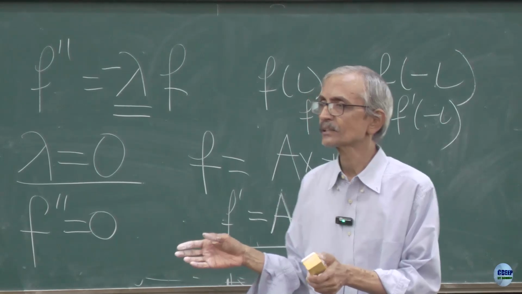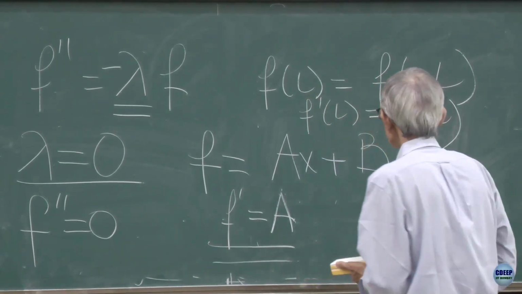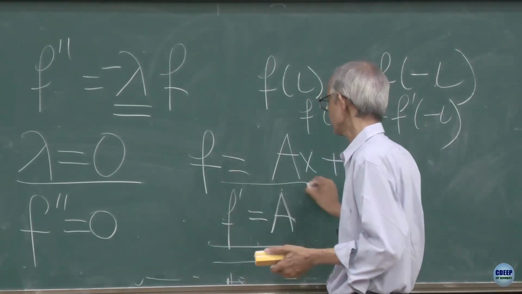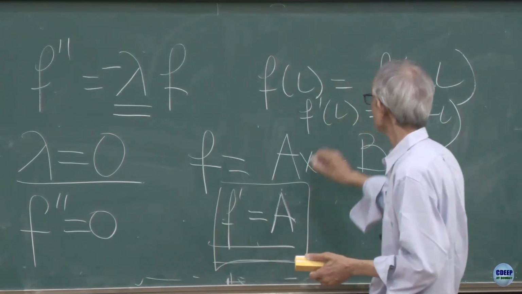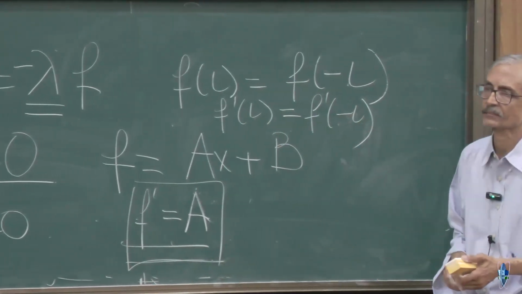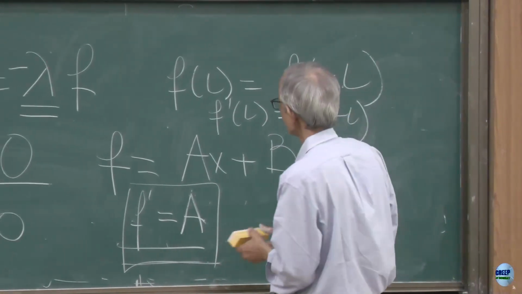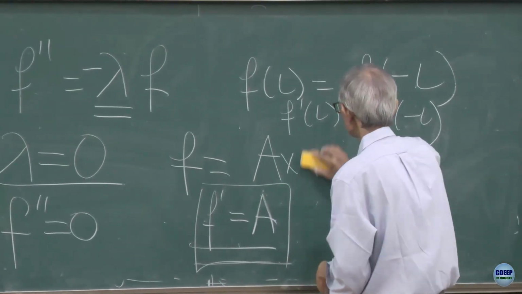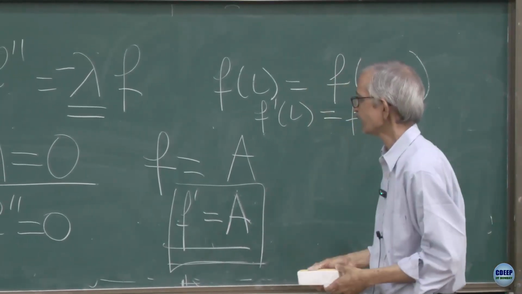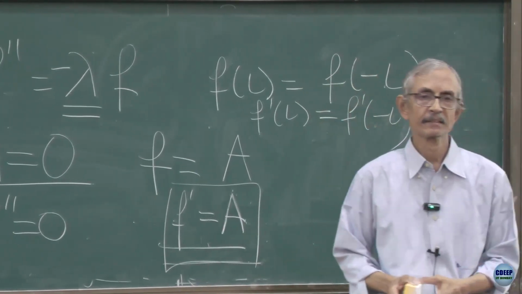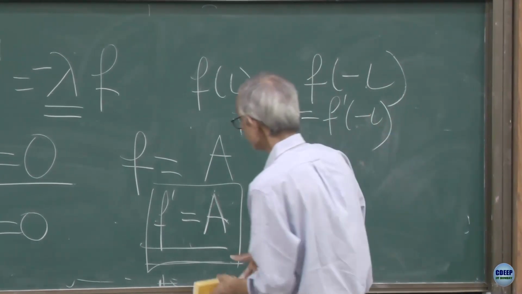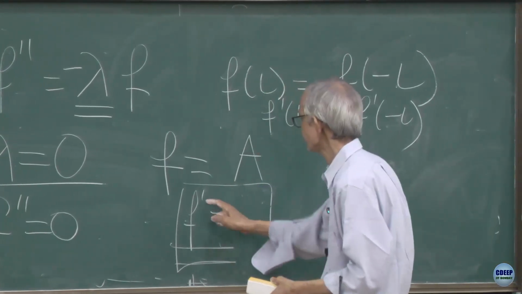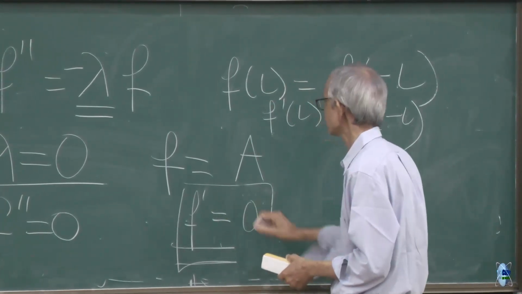In this particular case, A cannot be thrown out because this condition is indeed being satisfied here. We are saying that f of plus L was equal to f of minus L, so we could say that f is equal to a constant, correct? But when I do f prime of this, it comes out as 0.